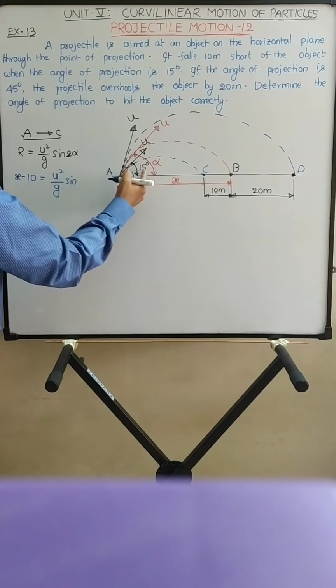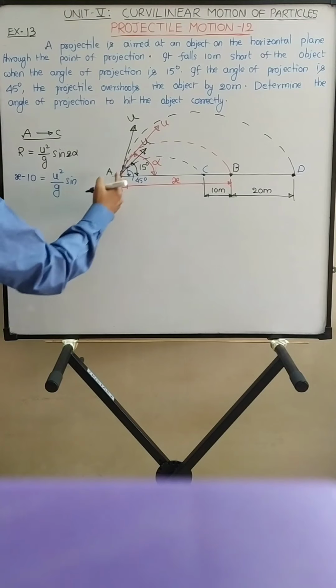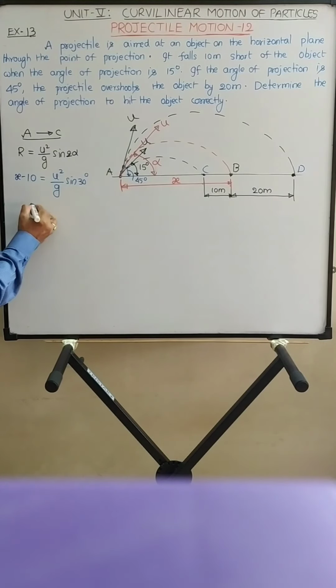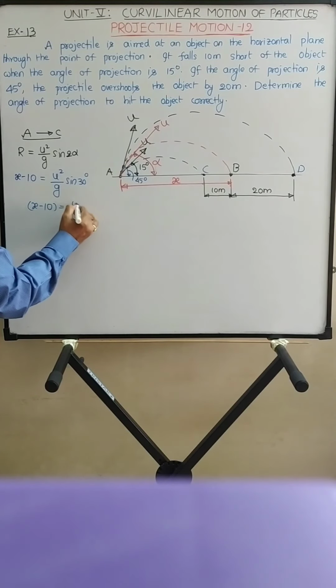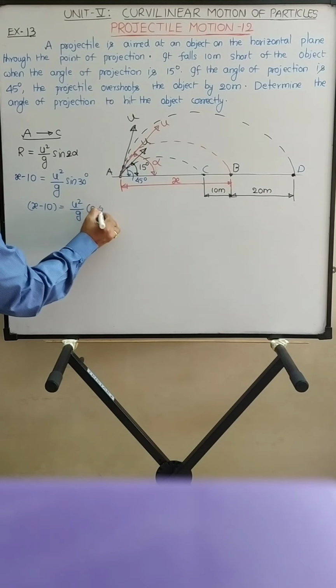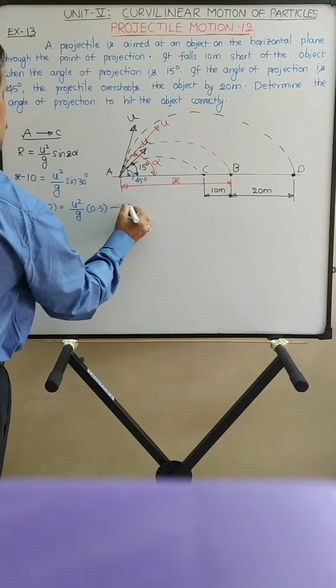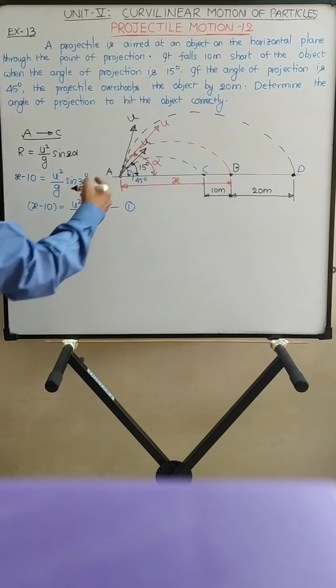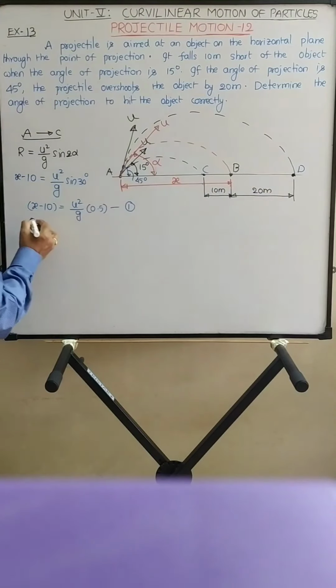Here alpha is equal to 15 degrees, from A to C. So it is sine 30. So we have x minus 10 is equal to u square upon g into 0.5. Say equation 1.